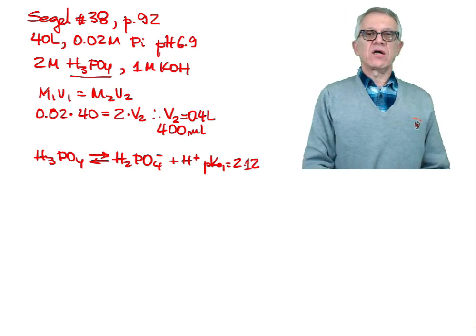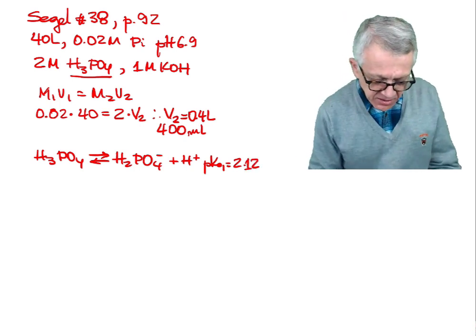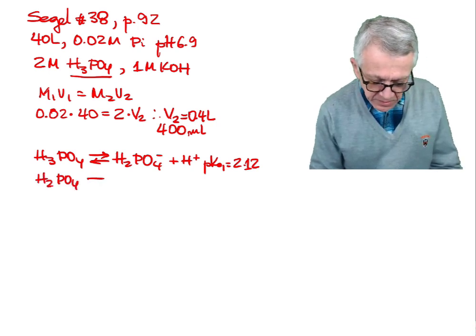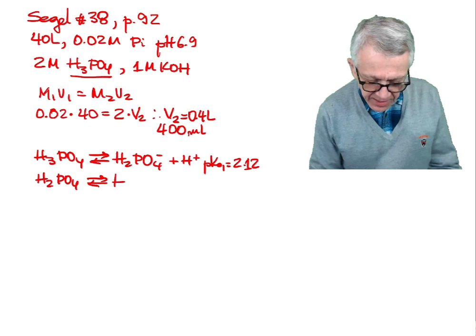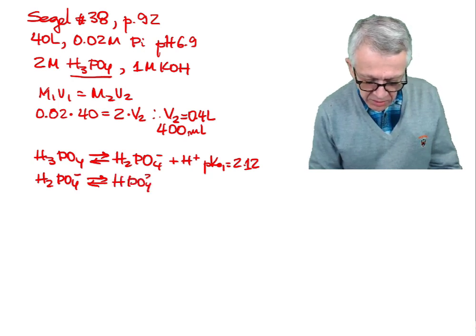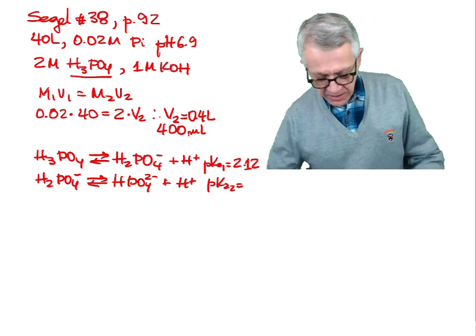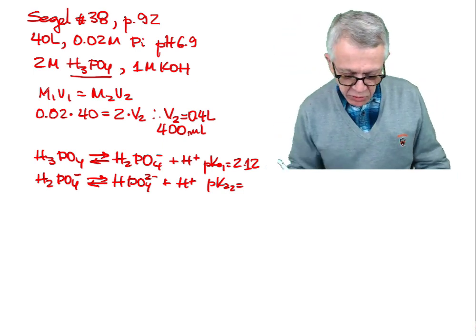It is from Siegel, or it can be given in a test. The second equilibrium is H2PO4 minus in equilibrium with HPO4 2 minus plus H plus. This is the pKa2, which is 7.21.